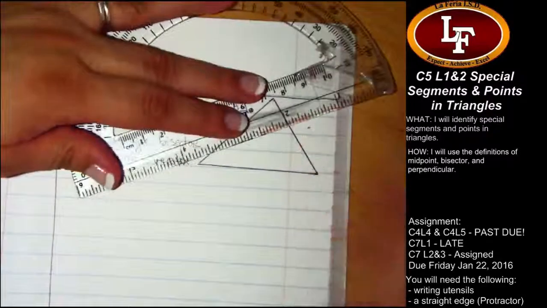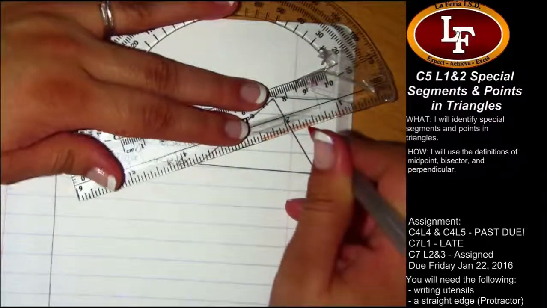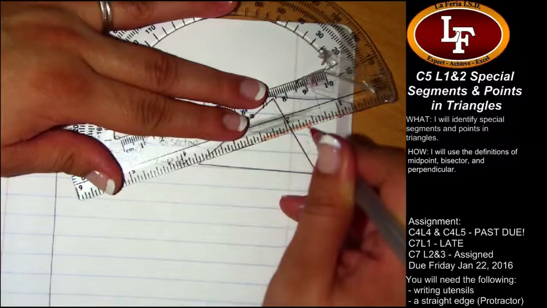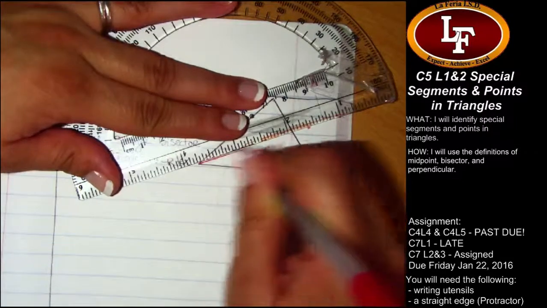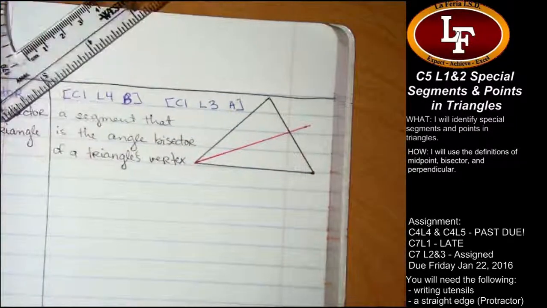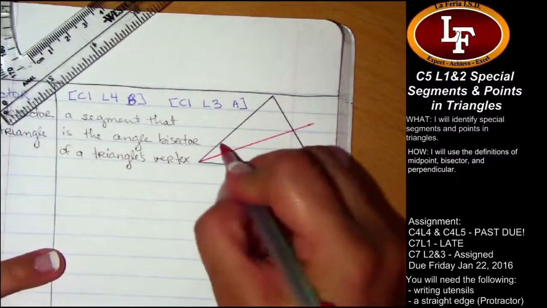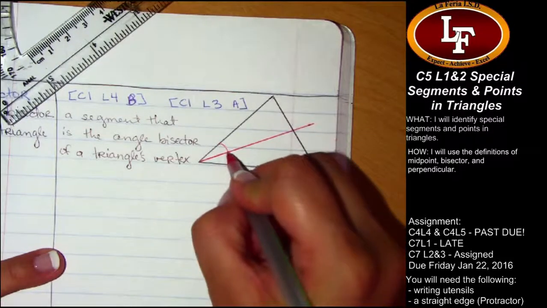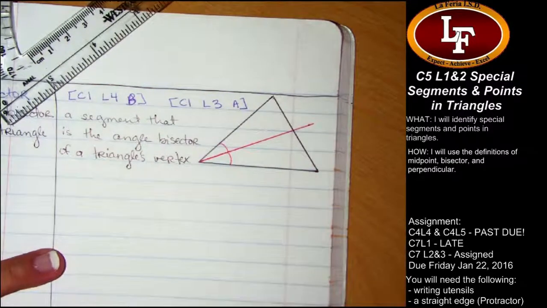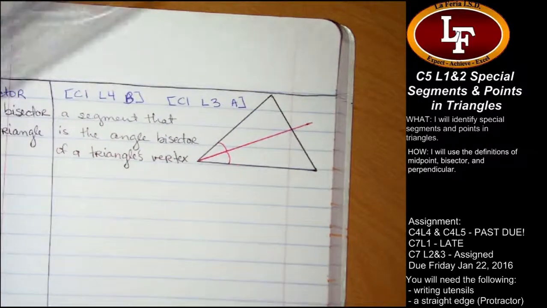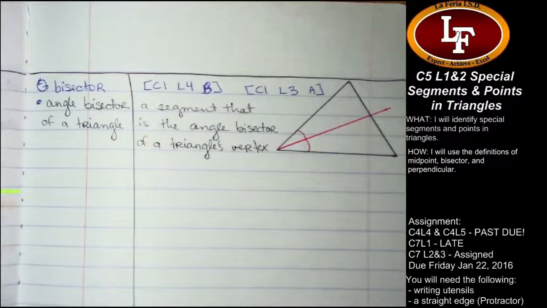That mark allows me to connect it to the vertex and construct my angle bisector. The important thing to note is that these two angles end up being congruent to each other. That's the definition.